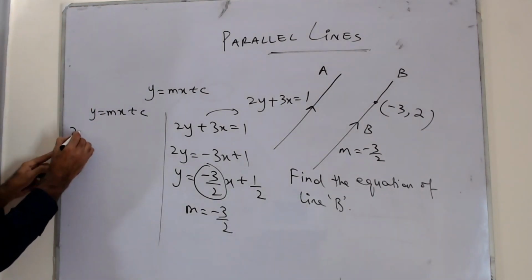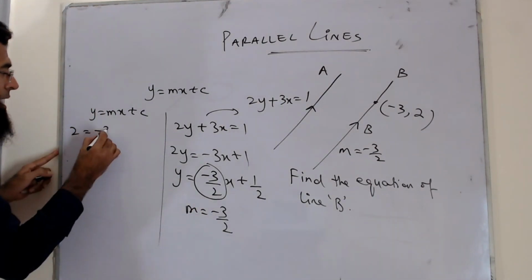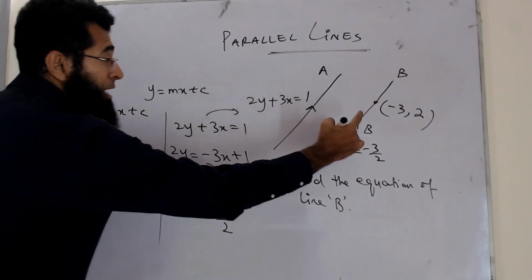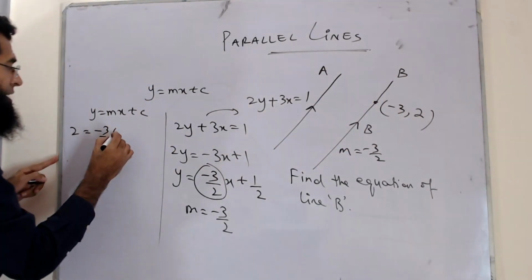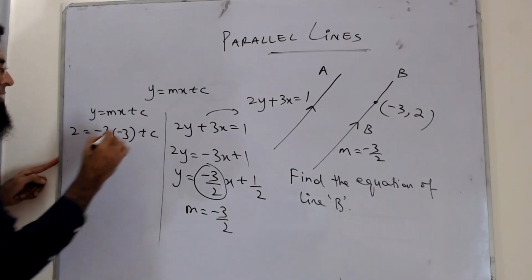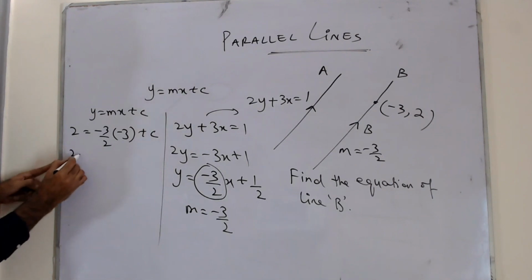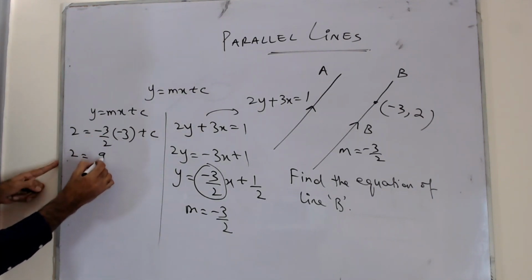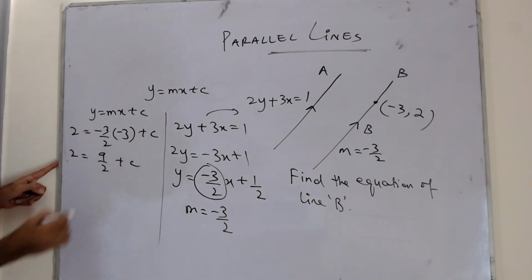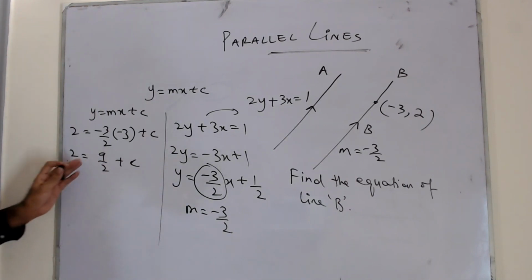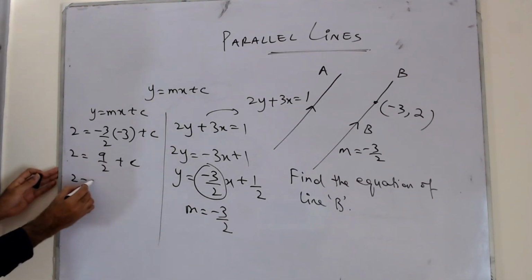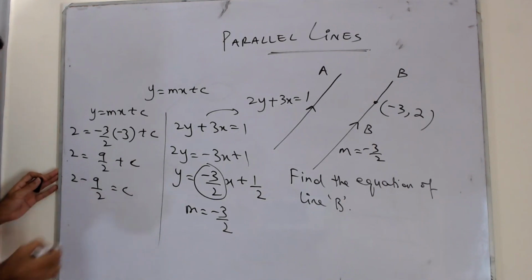The gradient is minus 3 over 2, and x is minus 3, plus c, right? So this is 9 over 2 plus c. Let's subtract this, so this becomes minus 9 over 2 is equal to c.